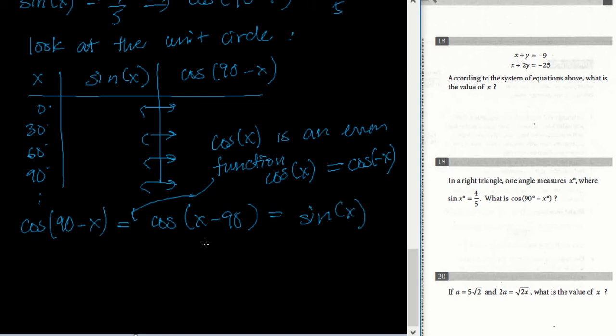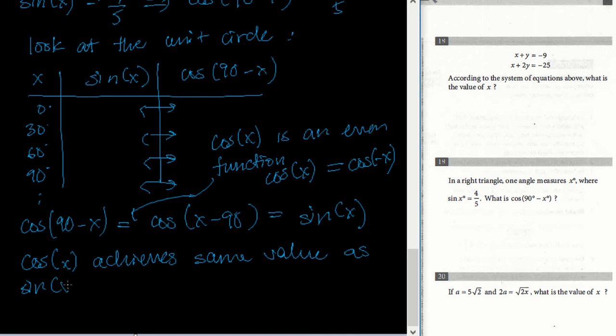So what this is saying is that whatever value you have for sine, cosine achieves the same value but 90 degrees sooner. So cosine achieves the same value as sine but 90 degrees sooner.